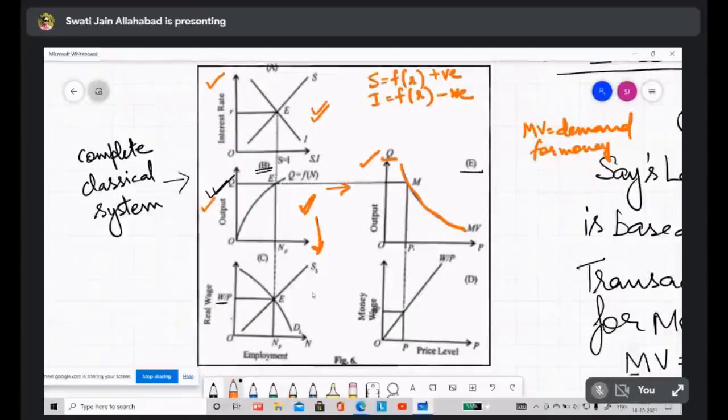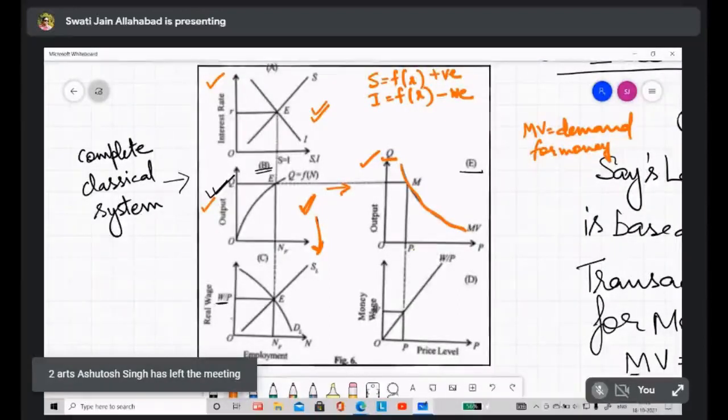And there are certain variables which play an inactive role. They exist, but they depend on some other variable. One such variable is money demand. Demand for money is only for the sake of transaction, and that's how you show it in the E part of the diagram.